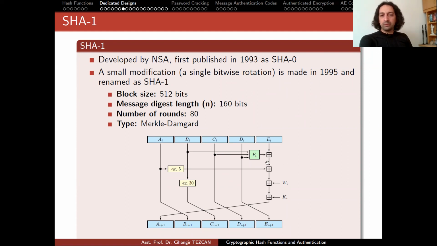As you can see, the picture still looks like MD5. The only difference is that now the message digest length is increased. Recall that in the previous pictures we had A, B, C, D, which were 128-bit. Now we added one more 32-bit value to make it 160. This is to make birthday attacks harder, because when this is 128, finding a collision using a brute force attack requires 2 to the 64 operations, and 2 to the 64 is not that hard with modern GPUs, CPUs, and FPGAs.